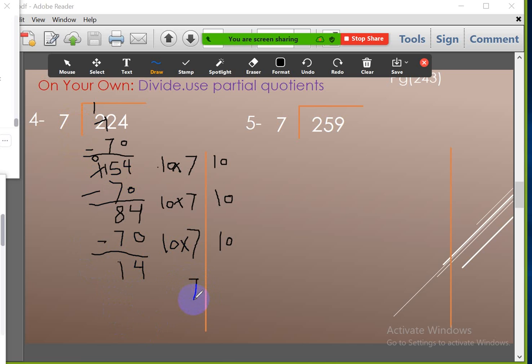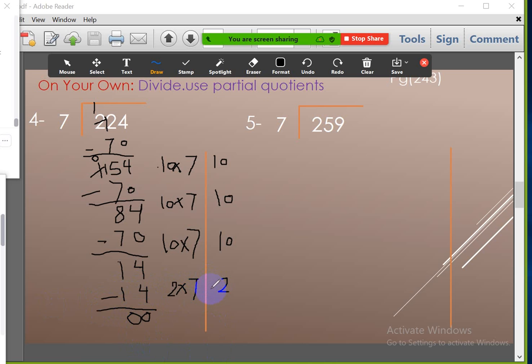Which number will I multiply with 7? The answer will be 14. 2. Very good. So I will multiply 7 with 2. The answer will be 14. So if you subtract 14 from 14, the remainder will be 0.